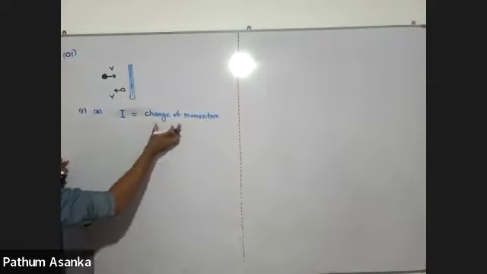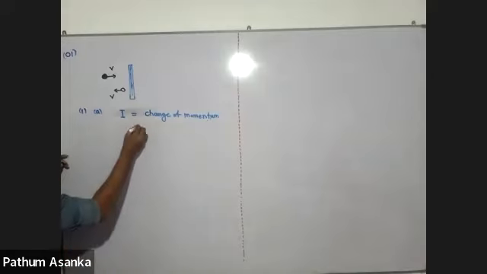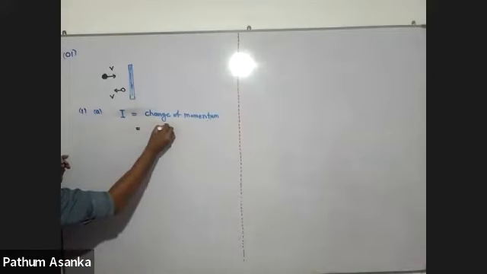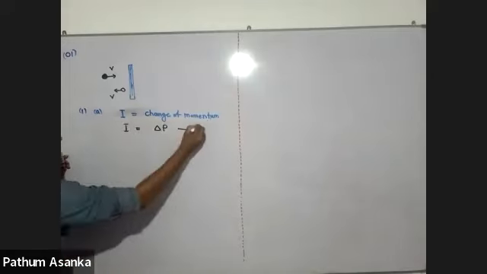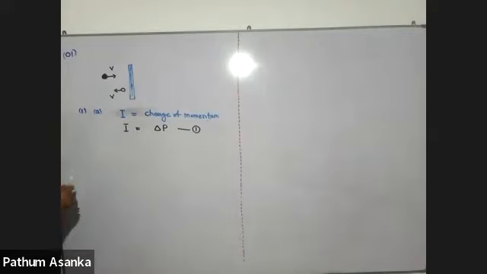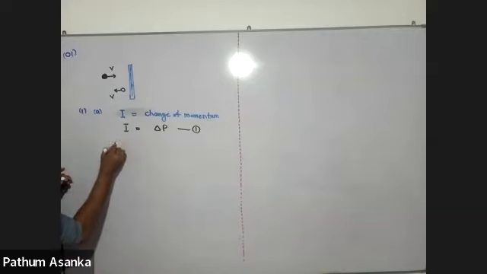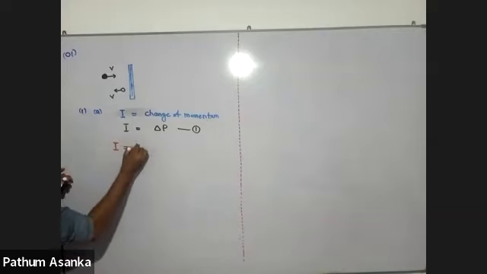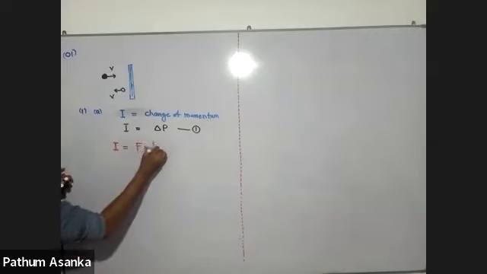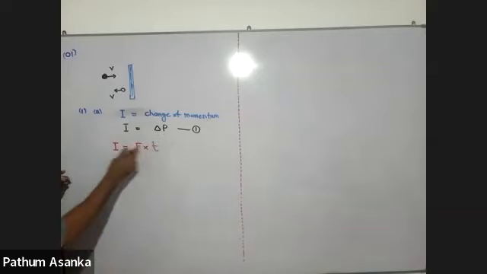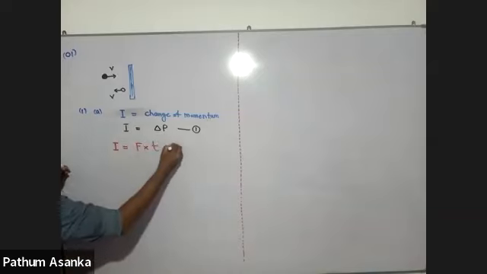Normally, we use delta P to represent the change of momentum, right? So this is the first equation which is used to obtain the impulse. And there's another equation, that is impulse is equal to the force into time. So this is the second equation.